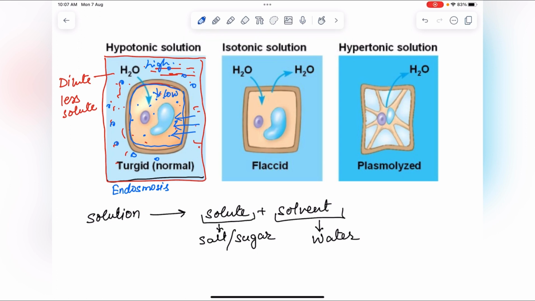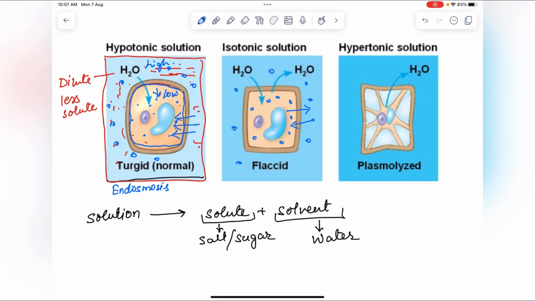Now next is isotonic solution. In this, the concentration of water outside the cell and inside the cell will be almost equal. So there will be almost no movement; a very little movement of water will take place inside and outside.